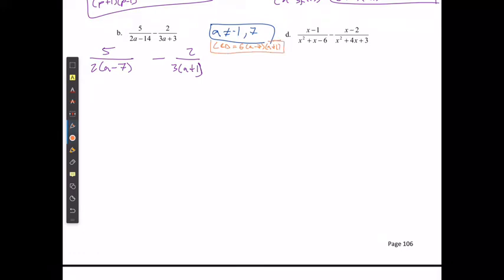Which means that for the first set, I need to multiply this by 3 and by the a plus 1. In the second set, I need to multiply this by 2 and the a minus 7.